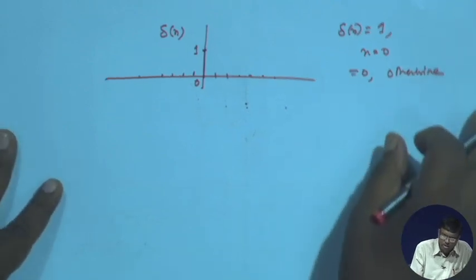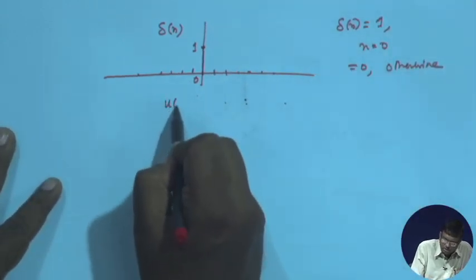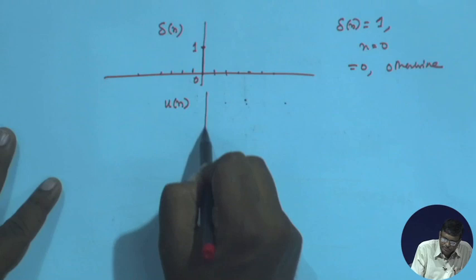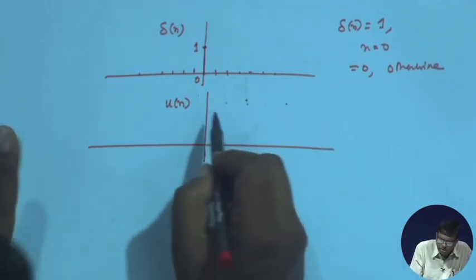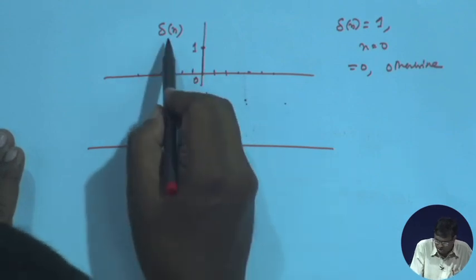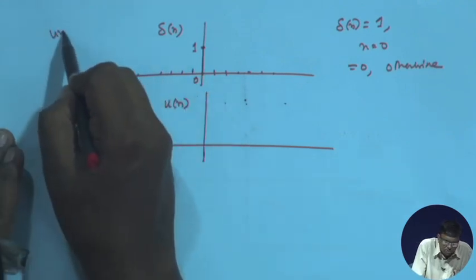All right. There is another sequence u[n], a unit step sequence. This delta[n] is called the unit sample sequence, not unit impulse.